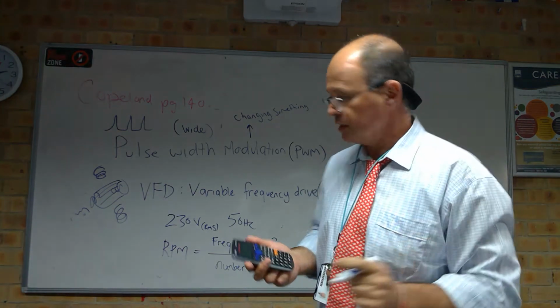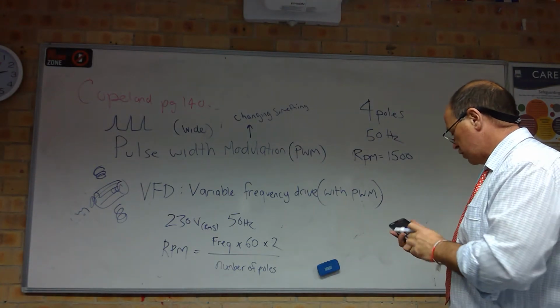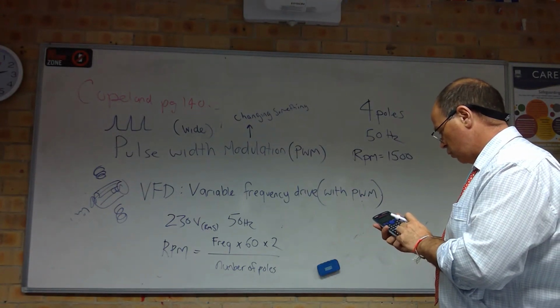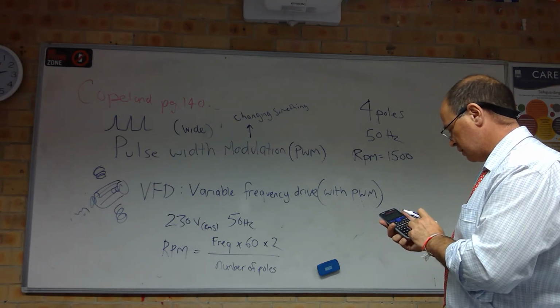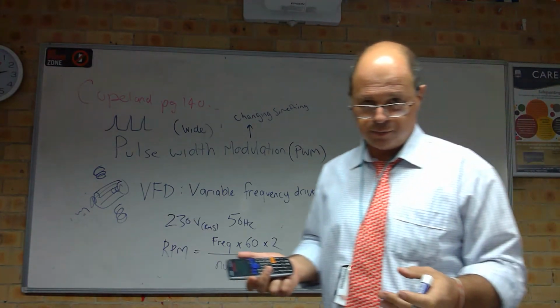It's spinning pretty fast. Now, if I was to change the number of poles to say 2, we would have 3000. So the less poles we have, the faster it's going to spin.